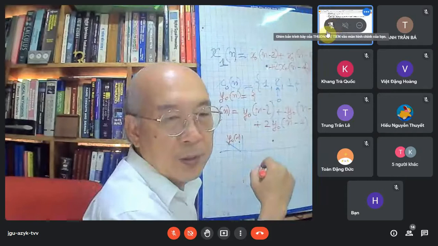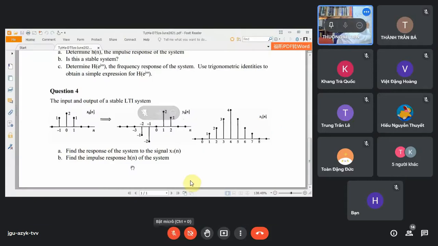The vector form of this one is -2, -1, -2, 0, 2, 1. So we list y0: -1, -2, 0, 2, 1, and then we write down.